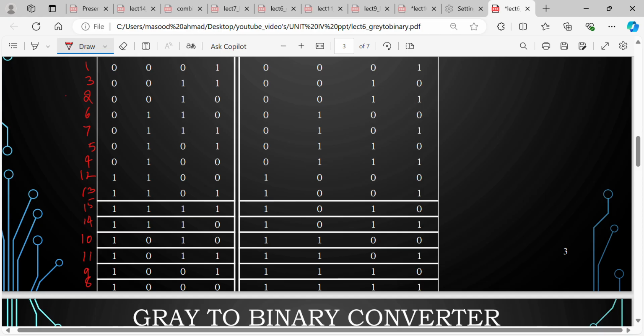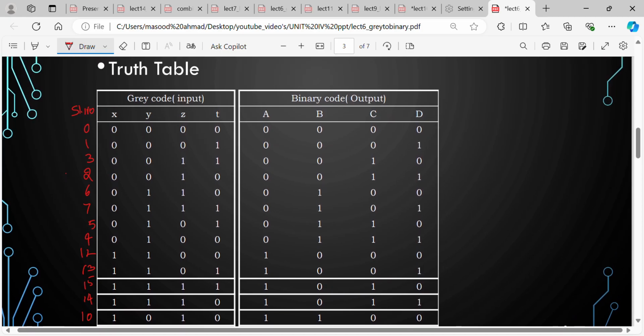For this, we need to write the expression. The expression I need to write is for a. A is a function of x, y, z, t. So a is nothing but sigma m.